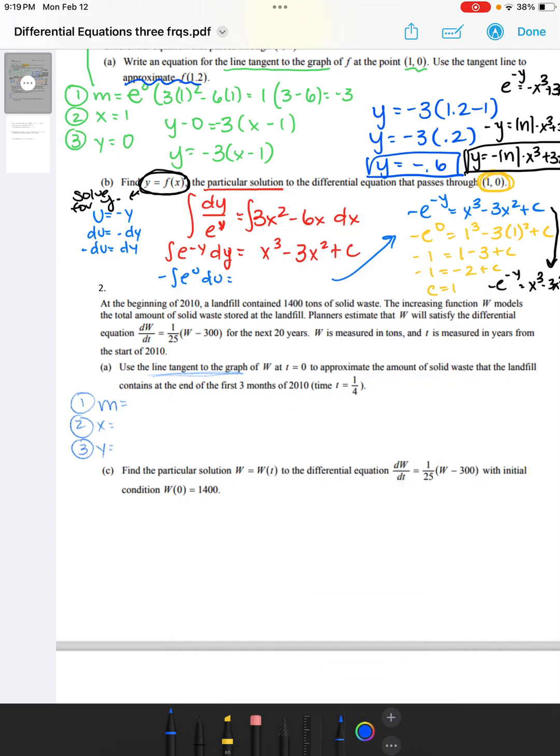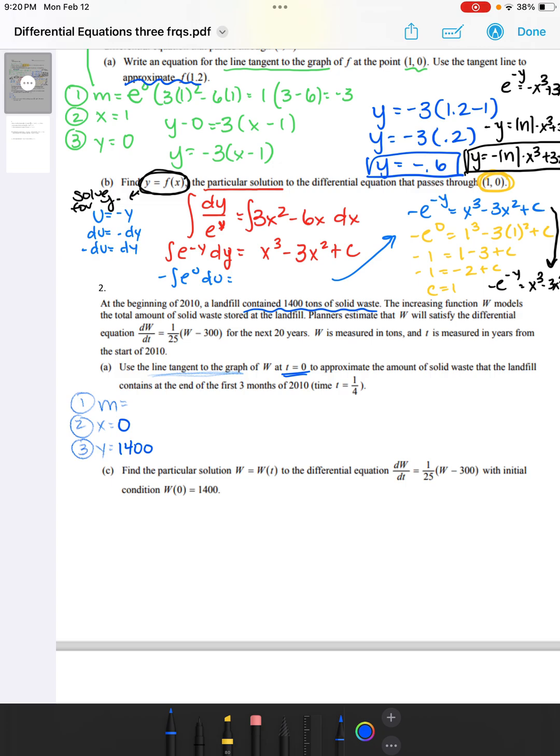Now, it gives me that time equals 0, so I know that my x value is 0. And then we also know that at the very beginning, what is it starting with? Well, it's going to contain this 1,400 tons of solid waste.